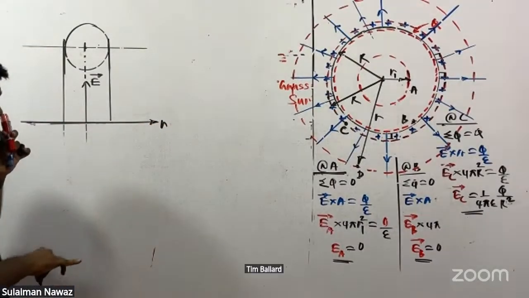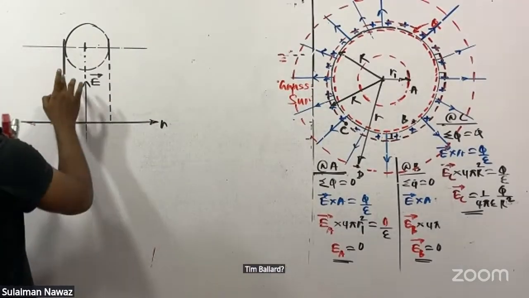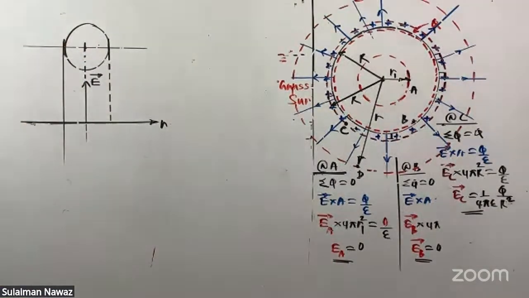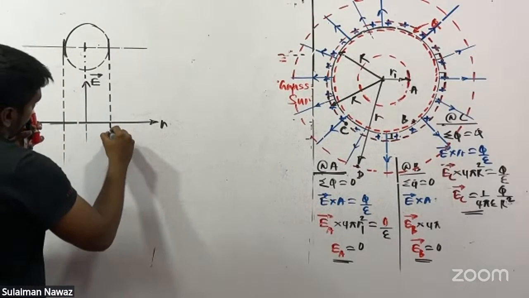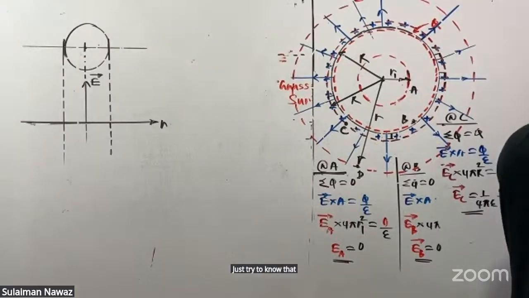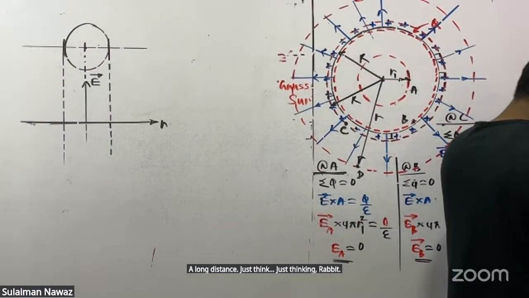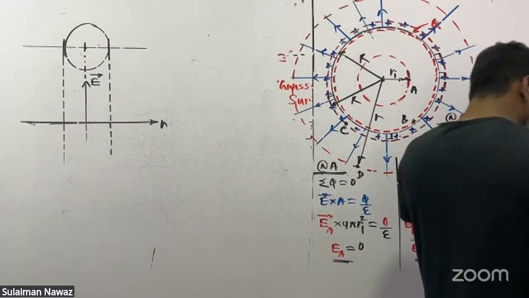Simple R. Just try to draw that. How is this electric field intensity going to vary along the distance? Just think and draw it. Same as before, but a small difference.